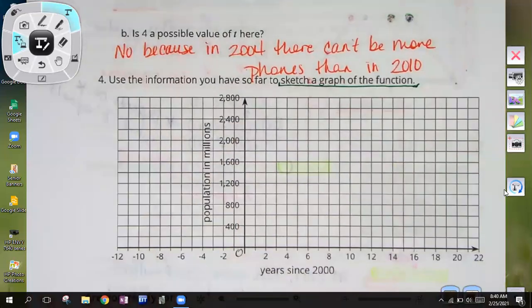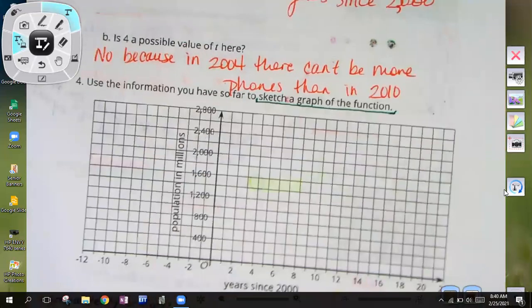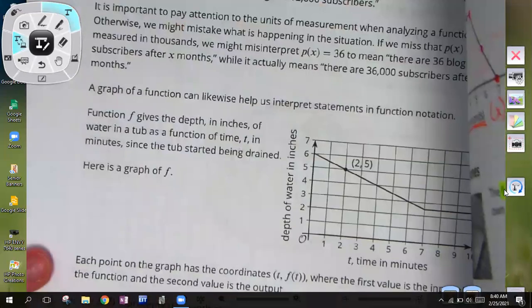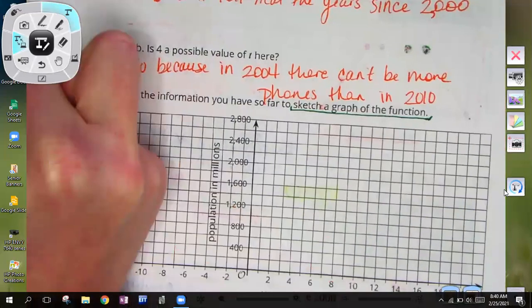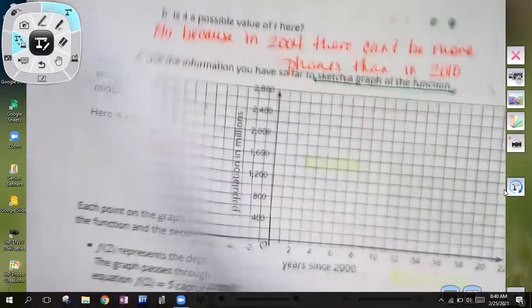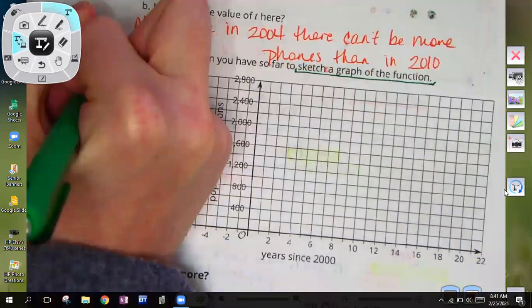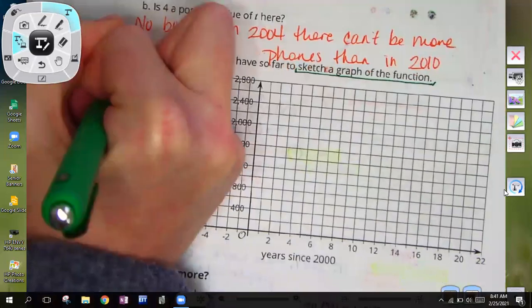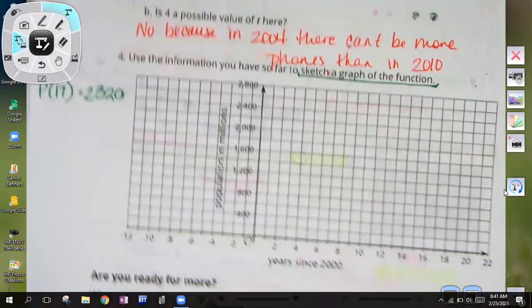All right, so starting back with number 1, our function was P of 17 equals 2,320. Y'all rewrite these functions just so you know where they're coming from.